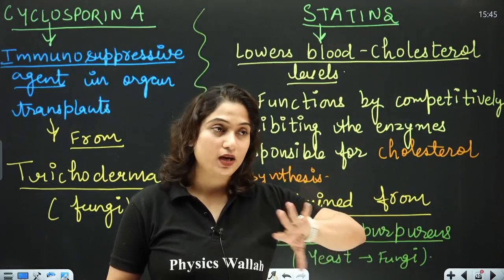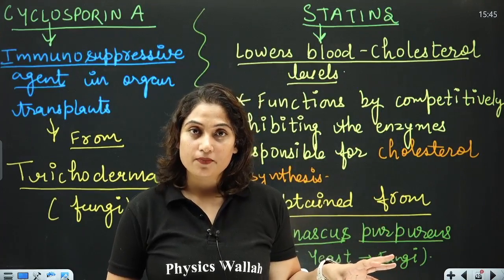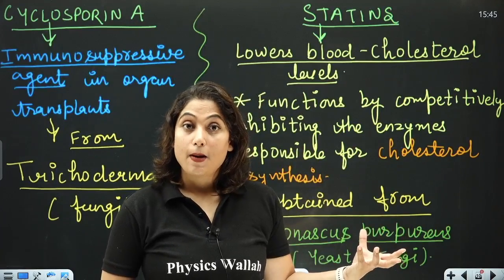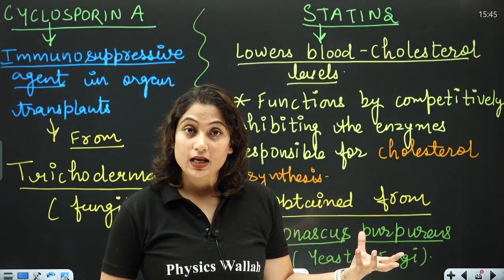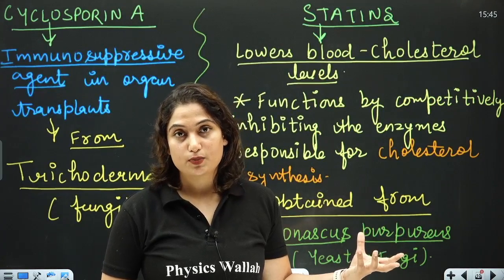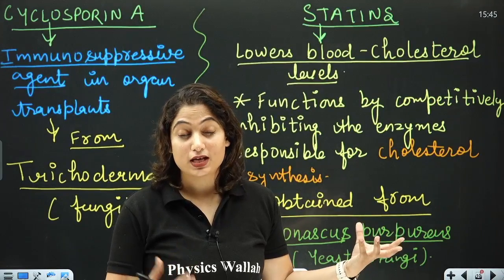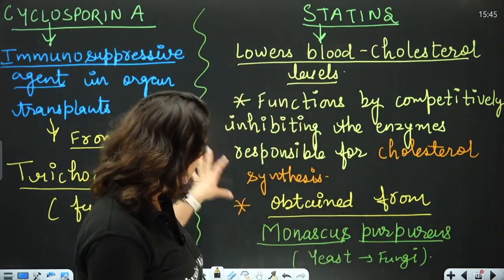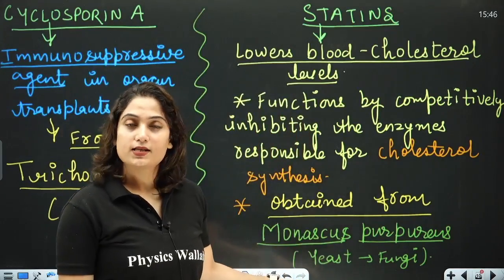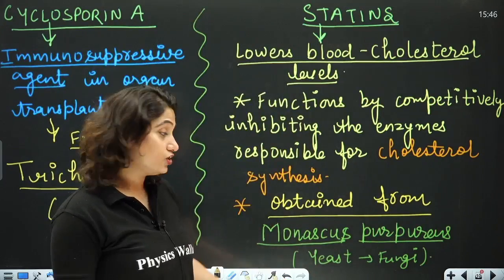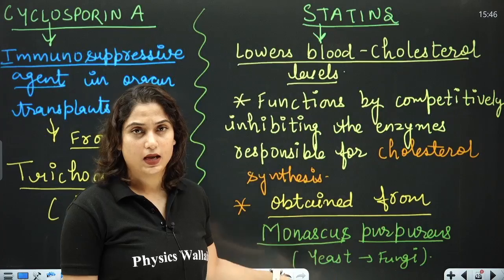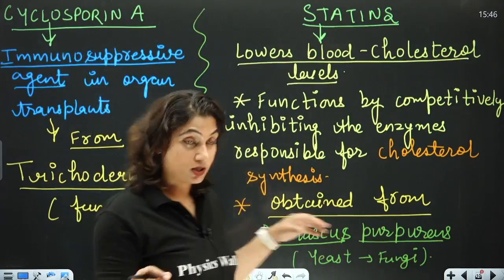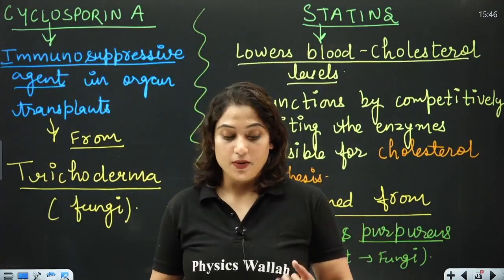The answer will be only a few words: it reduces the blood cholesterol level by competitively inhibiting the enzymes responsible for the synthesis of cholesterol. And this question can directly come in NEET. Okay, so this is important. Statins are obtained from fungi, and the name of the fungi is Monascus purpureus. This is a type of yeast, that means it is also a unicellular fungi.